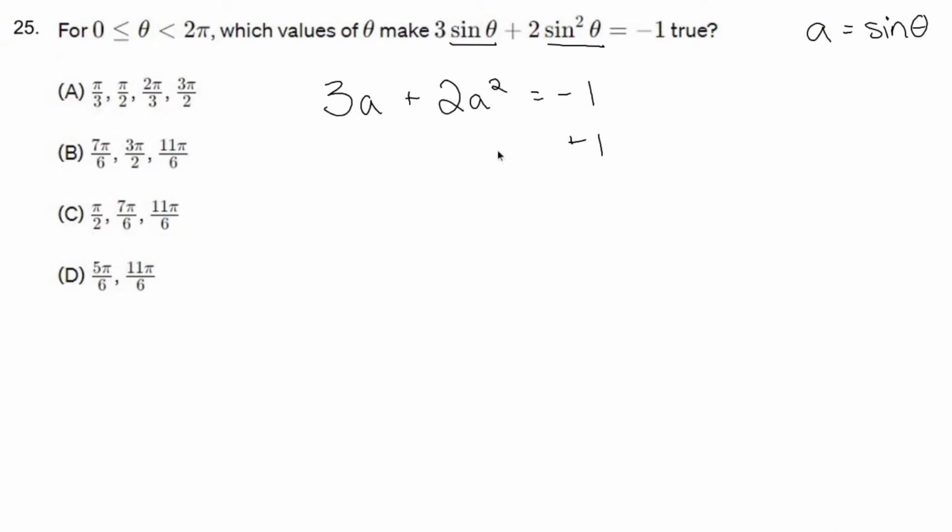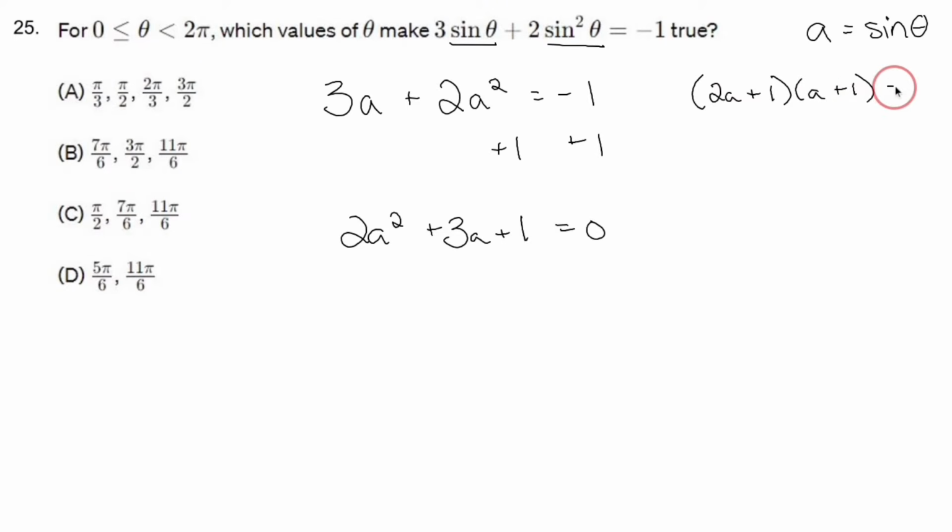If I add 1 to both sides and rearrange things like so, you should be able to look at that and say, by golly, that is a factorable problem. I could probably factor that out to (2a + 1)(a + 1) = 0.